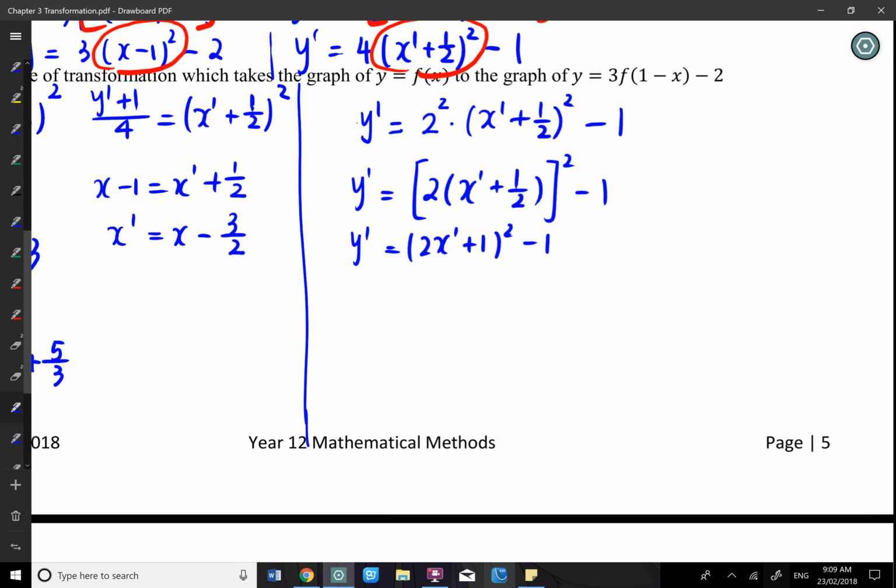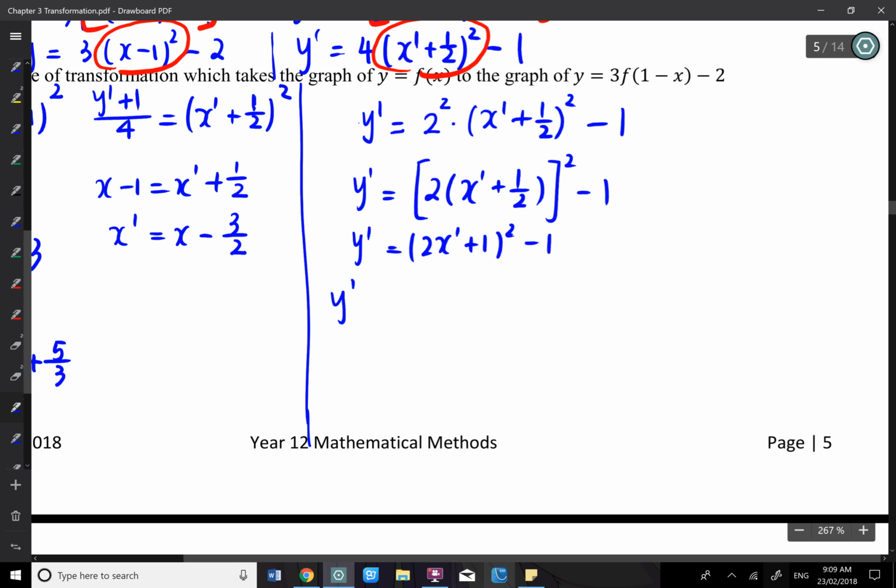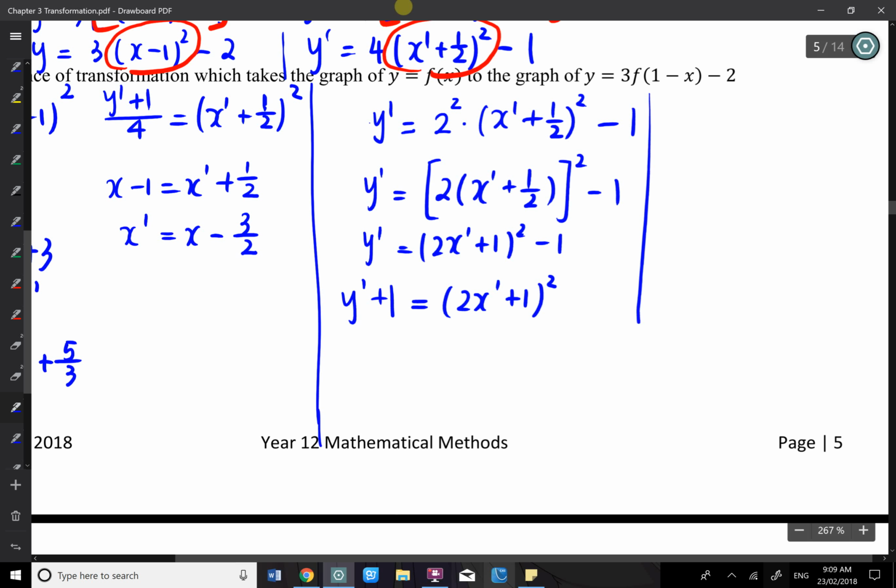So by rearranging, y dash plus 1 equals 2x dash plus 1 squared. I will leave everything on this side now. Then the x side, to the other equation: y equals root 3 squared, x minus 1 squared, minus 2.